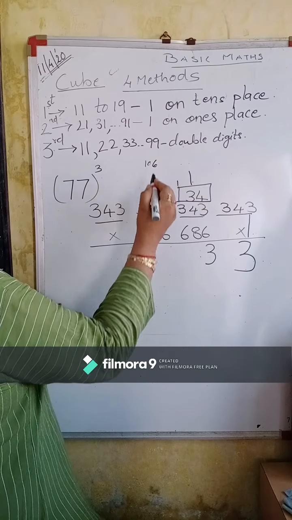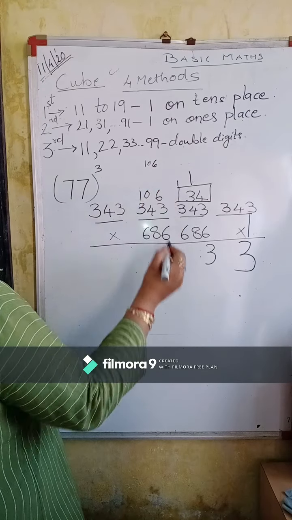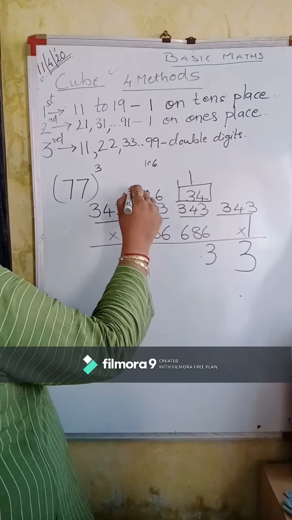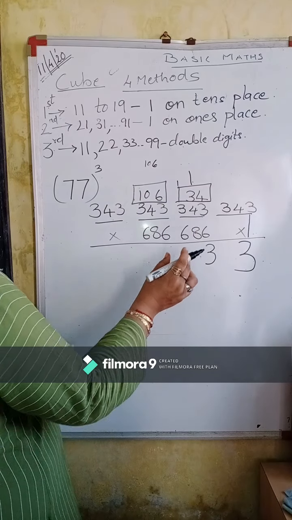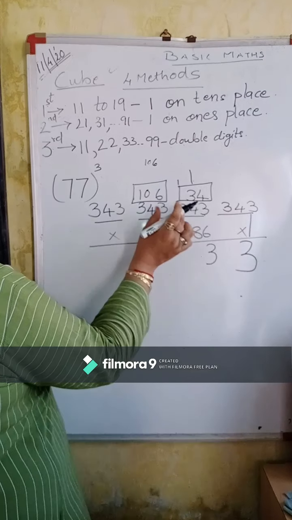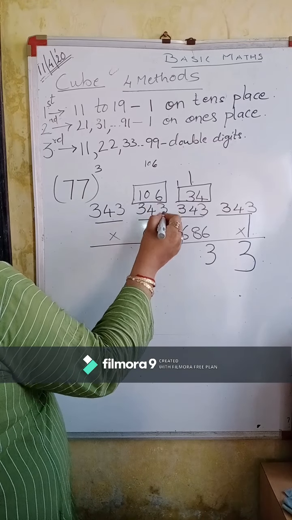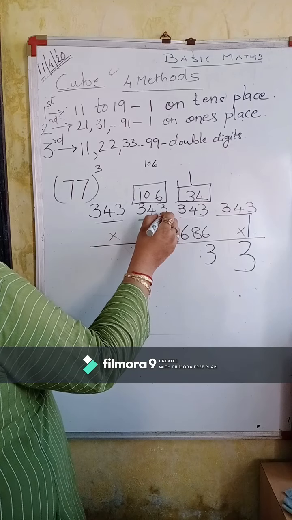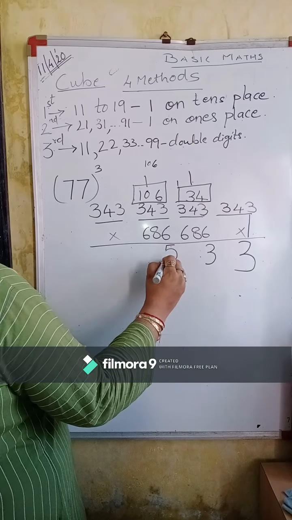So 106 will go in the next carry. Here 106 total will come here. Again 6 and 6 is 12. 12 plus 3 is 15. 1 carry, 5.